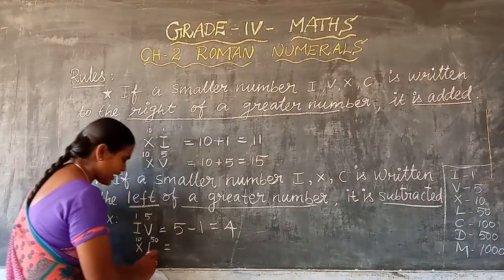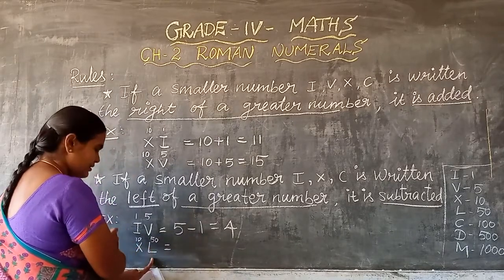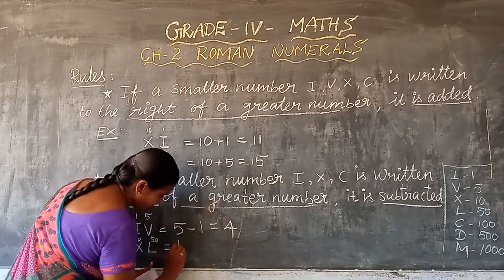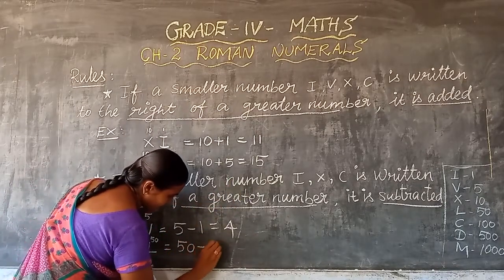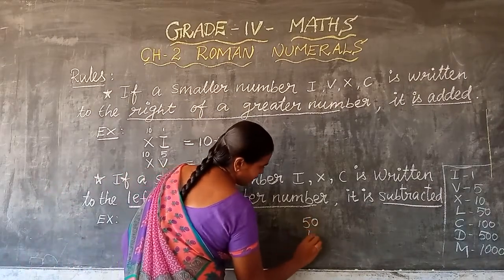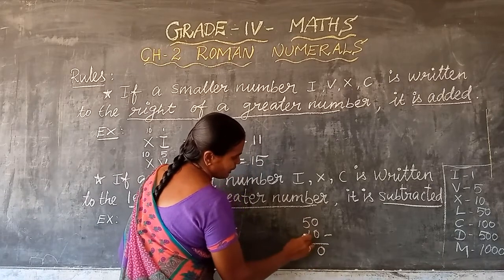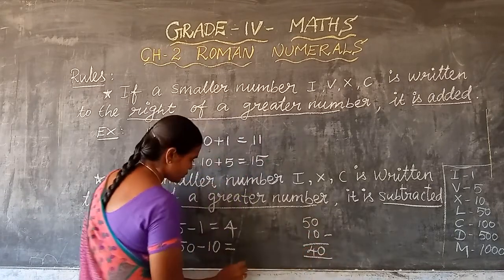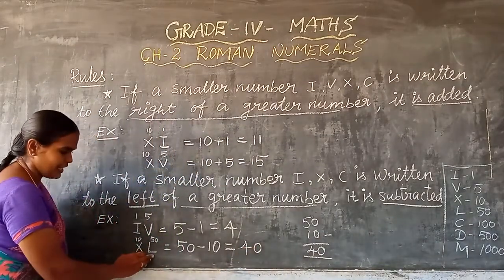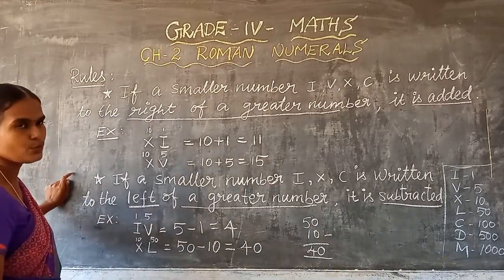L. So greater number, left side we have the small number, so subtraction. 50 minus 10. Do the calculation. 0 minus 0, 0. 5 minus 1, 4. So we get answer 40. So XL value 40.